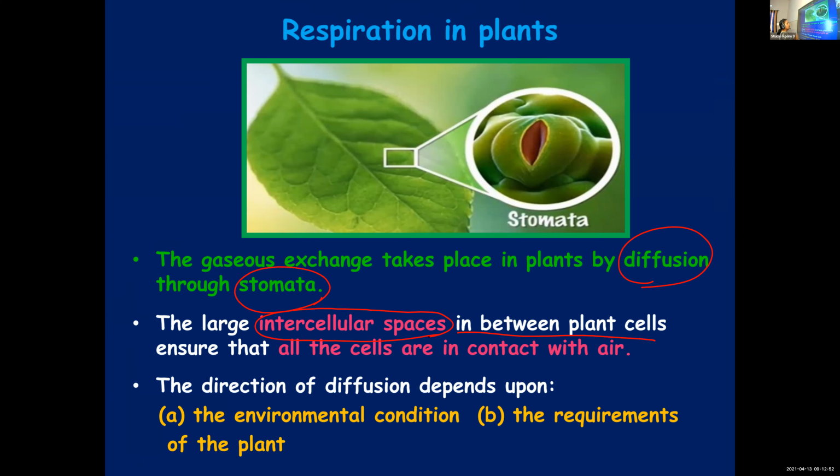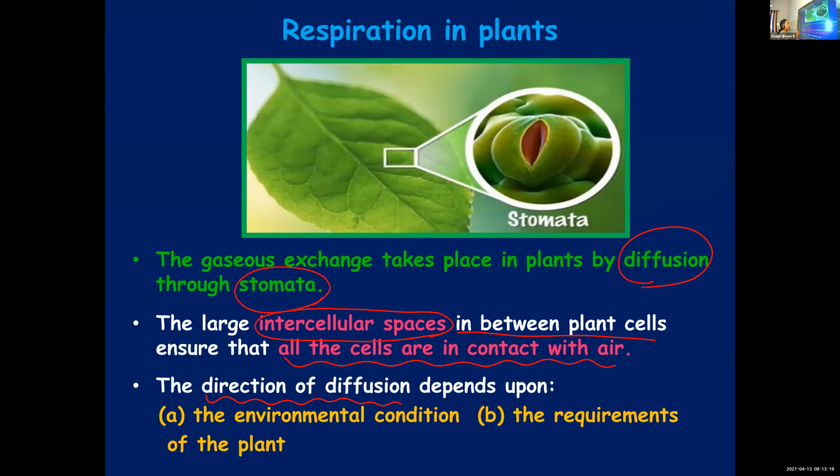And why do plants have intercellular spaces? That is to ensure that all the cells come in contact with air. So these spaces will get filled with air, and they ensure that all the cells are coming in contact with air. And the next point, direction of diffusion.